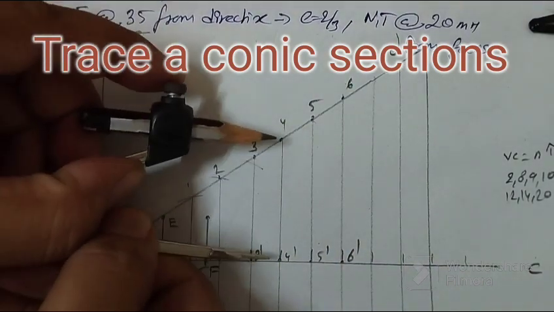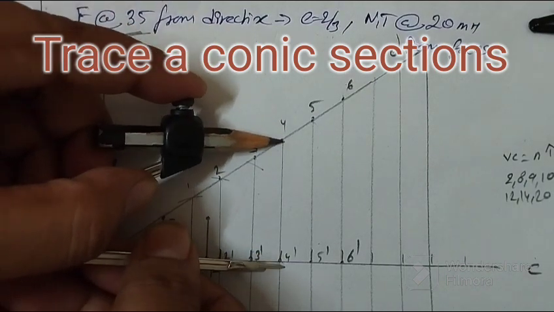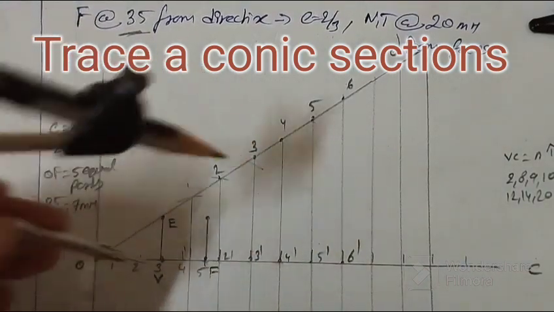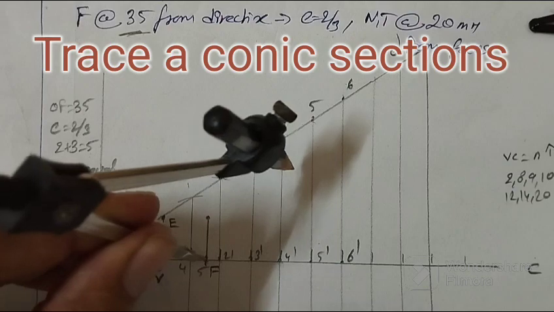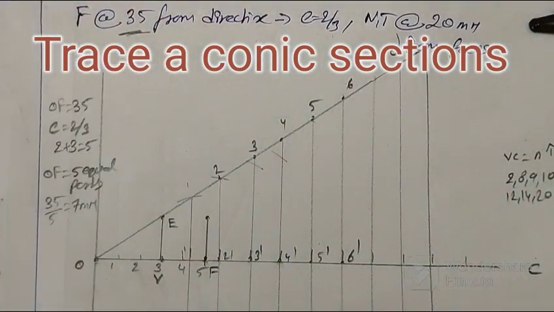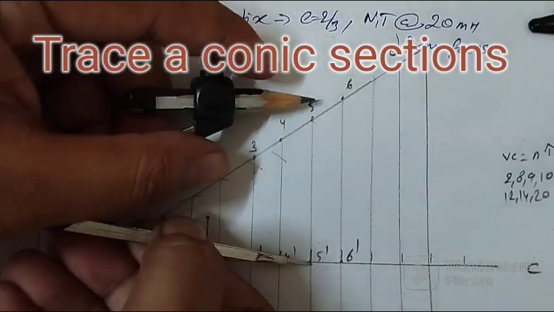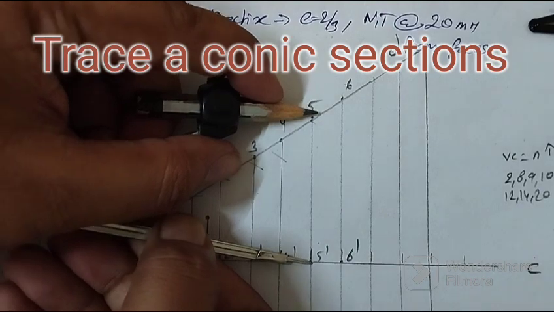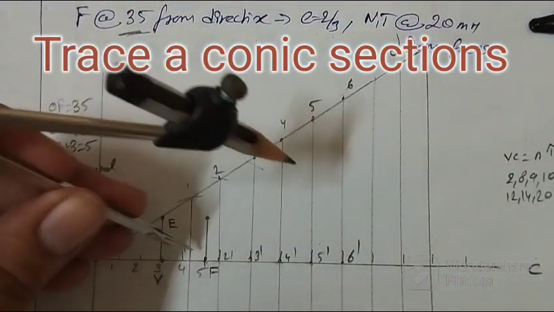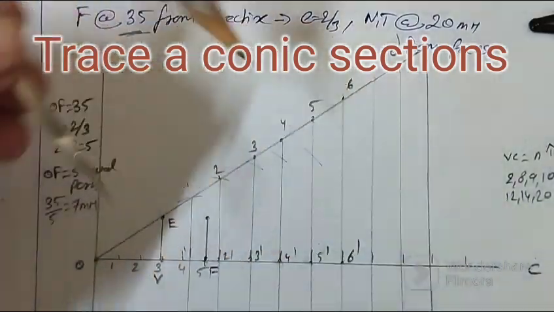Next, measure 4 and 4 dash, and cut from F as center. Now measure 5 and 5 dash, F as center, cut that 5 and 5 dash.